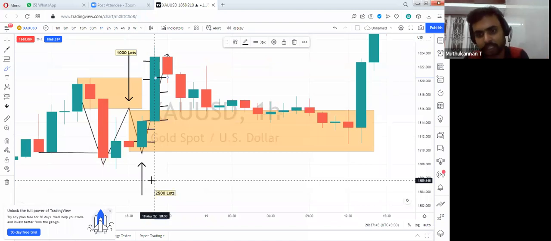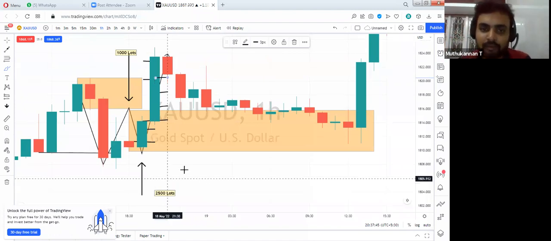Smart money put their 2500 lots in the market. They increase the price, but here the price-chasing retailers entered by seeing the momentum candles, without putting in any effort. They are just entering their position by seeing the big candles, right?